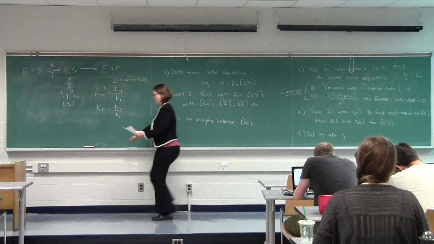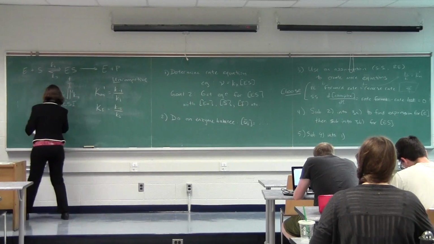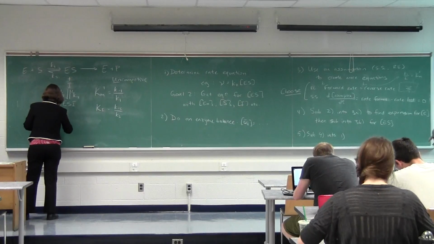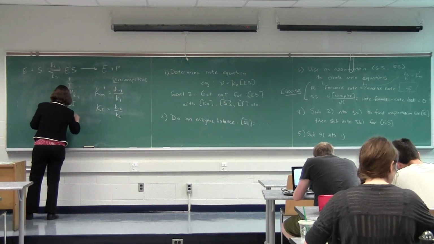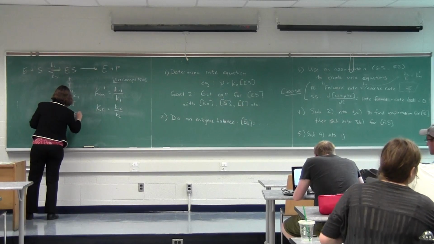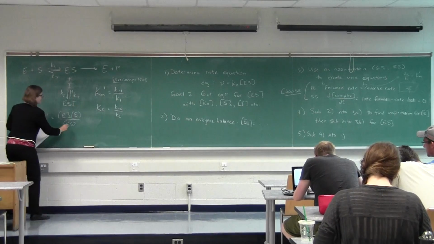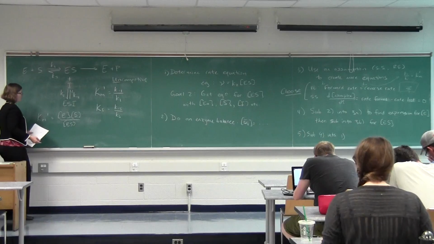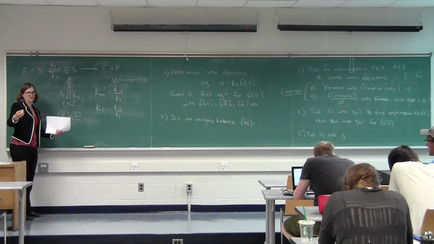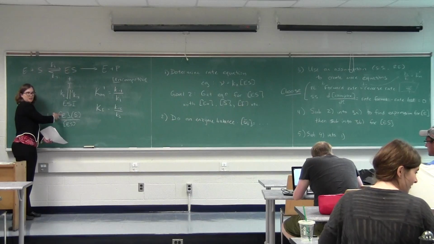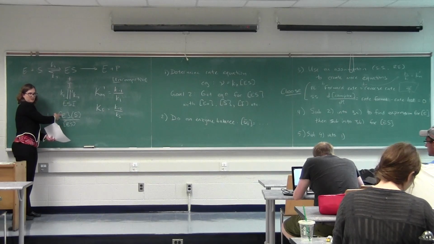So let's just see what we've got. We've got Km prime equals E times S over ES, which is I think what everybody had. So what you do there is you have your rearranged enzyme balance that gives you an expression for E that's in terms of everything else.